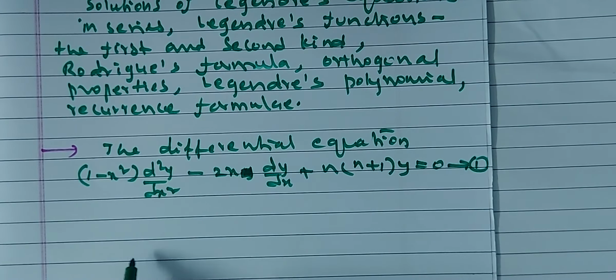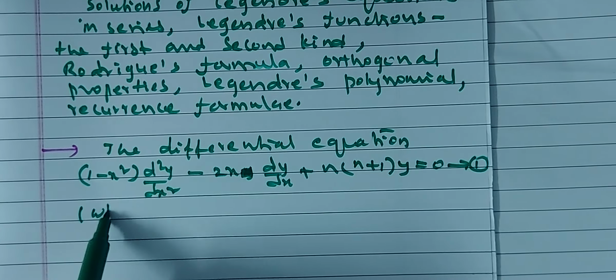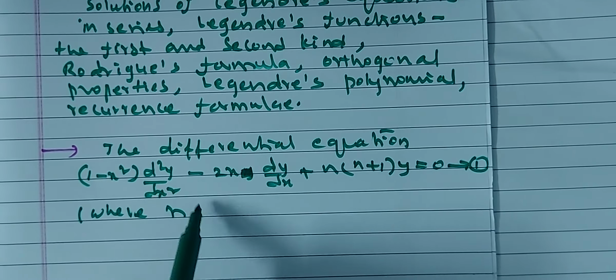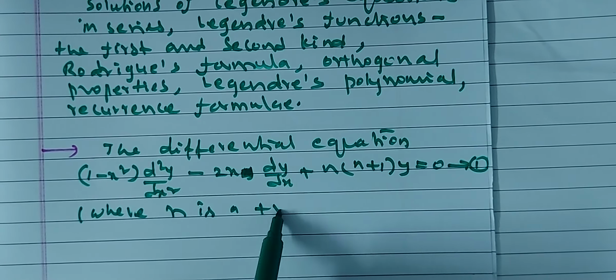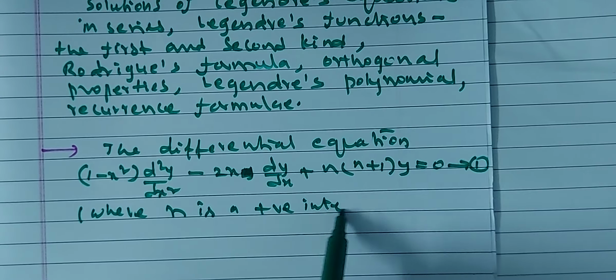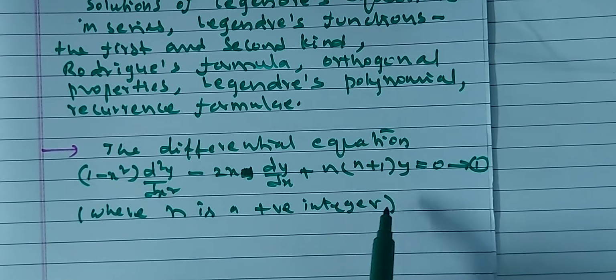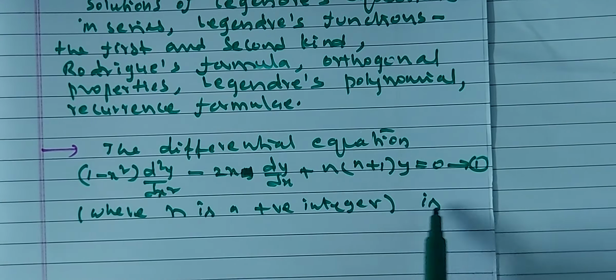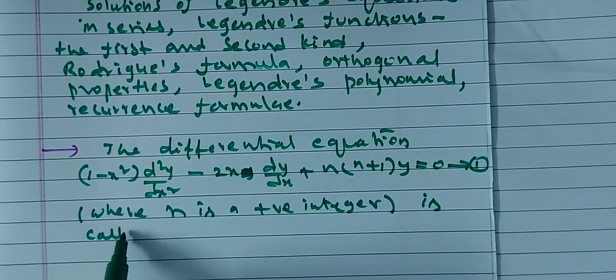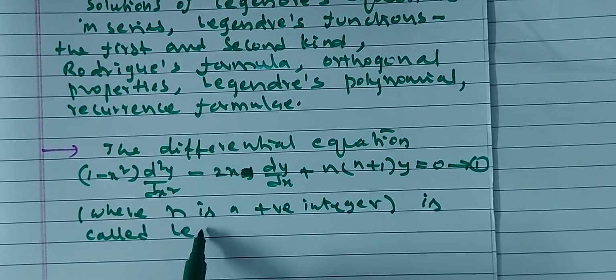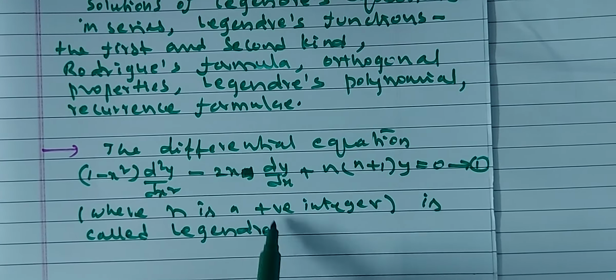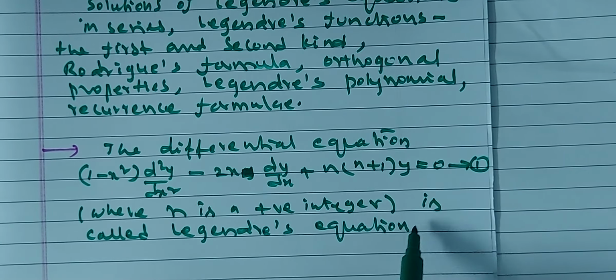Take that as equation 1, where n is a positive integer, is called Legendre's equation.